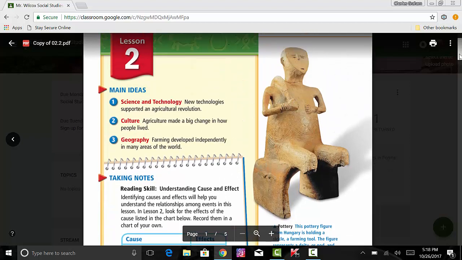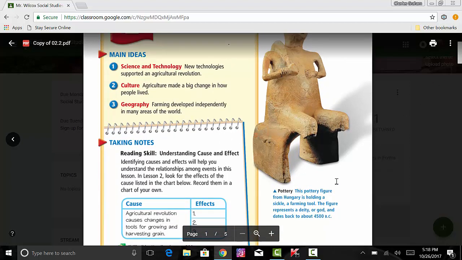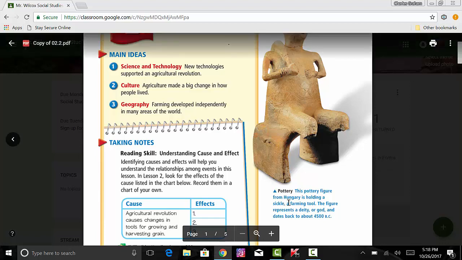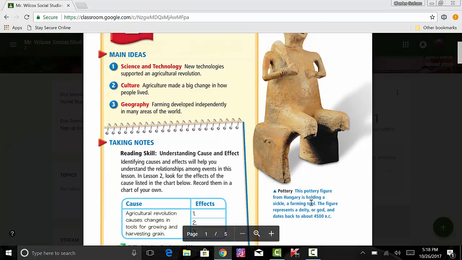We've got this image here. You always read the caption underneath. Find out why they have a picture of this. There's a reason for it. It's from Hungary, and it's holding a tool, a sickle, which is used to harvest grain. It's a farming tool. This figure represents a deity or a god, and it dates back to about 4,500 BC.